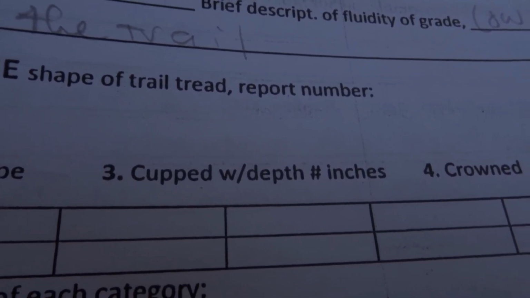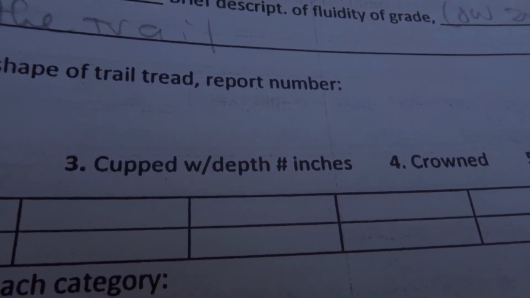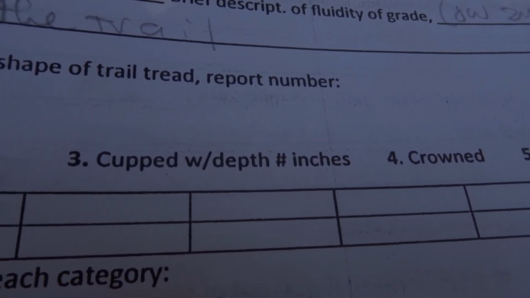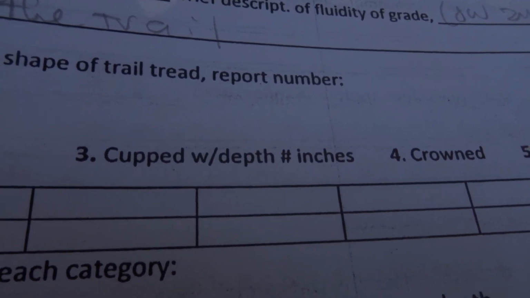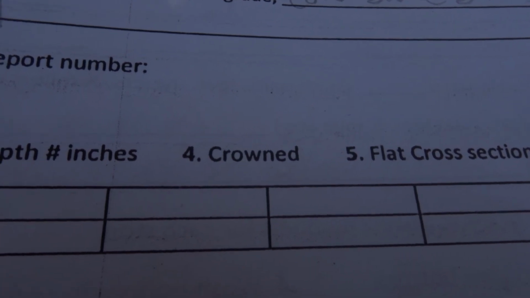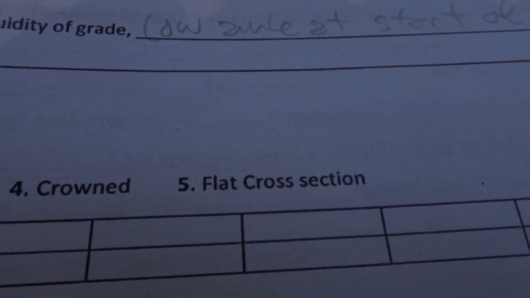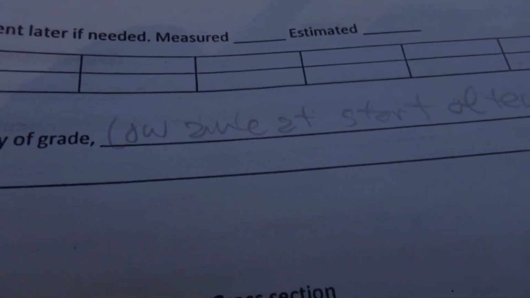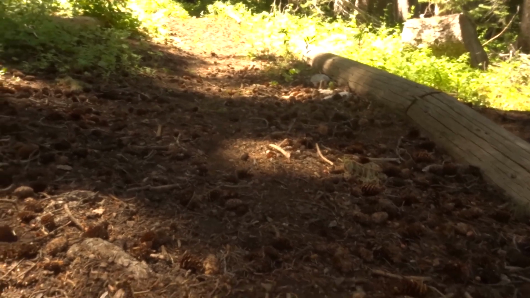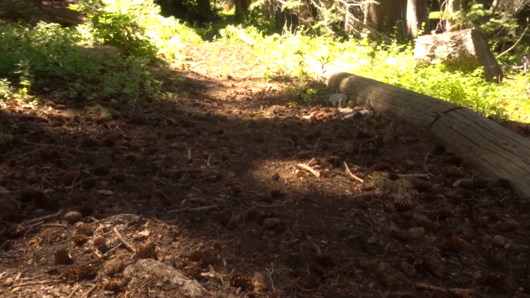Cupped, we showed how to measure it: stretch a string straight across, and then measure how deep the deepest spot is below that string. Crowned would mean that the trail's up on a hump. Those are pretty rare. I do see them sometimes in southern Utah. They're great for drainage. And then a flat cross section. Since I'm not seeing much cupping at all, when I look out here, that log makes it a little bit cupped.